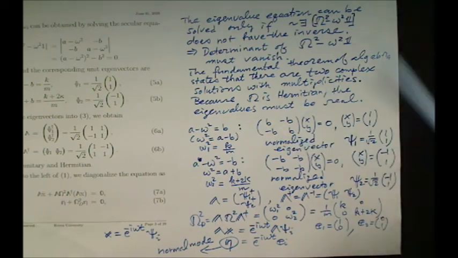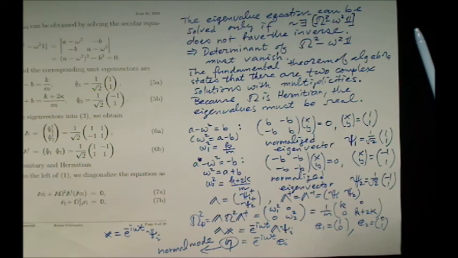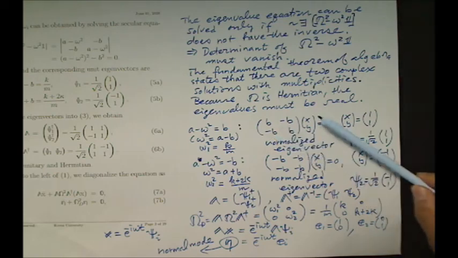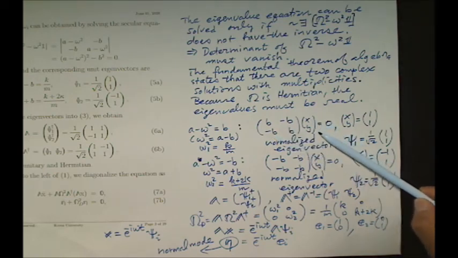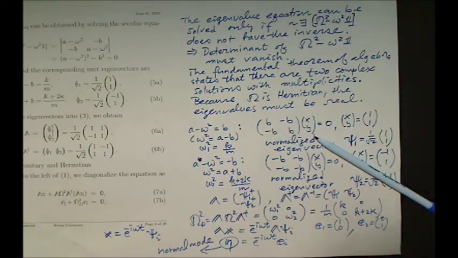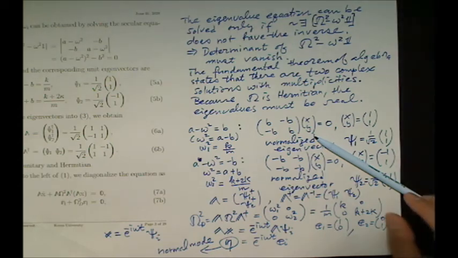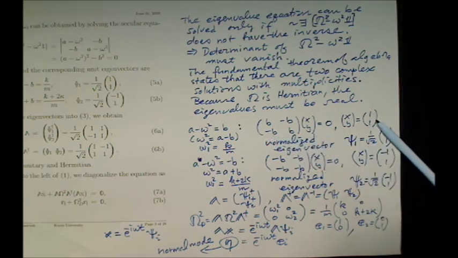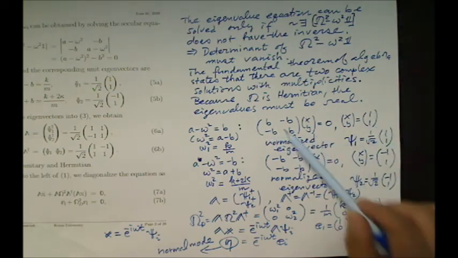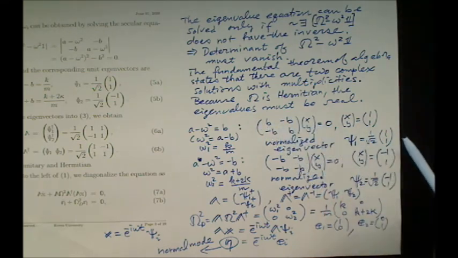So in this case, we substitute a minus omega squared with b. Then the linear equation has this form: b, minus b, minus b, b. Suppose that we assume the eigenvector has x and y components, and the non-vanishing solution for this eigenvector can be determined as 1, 1, because they have different sign.